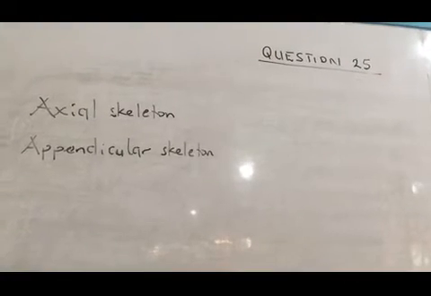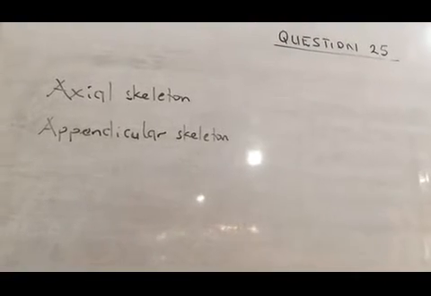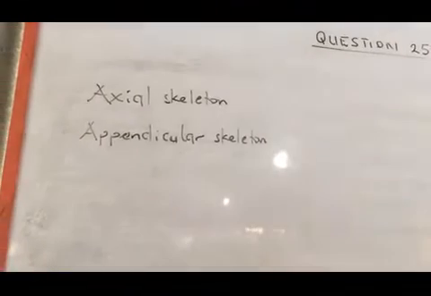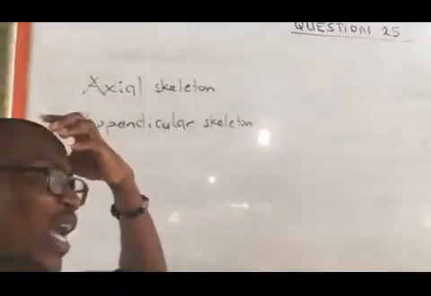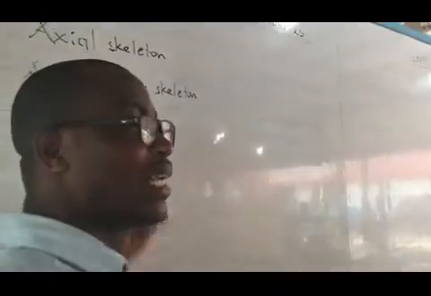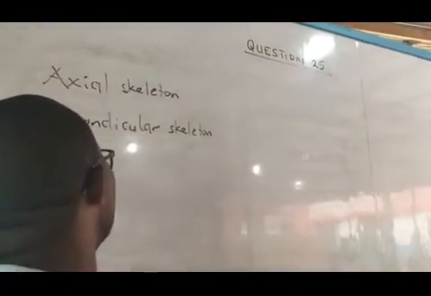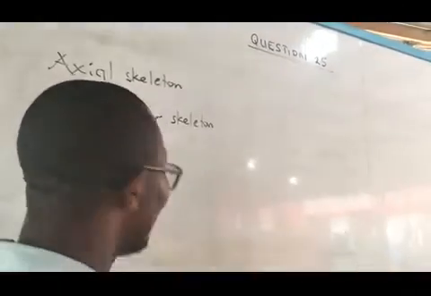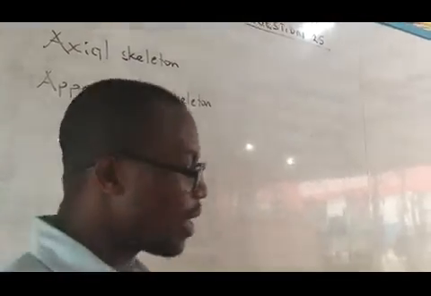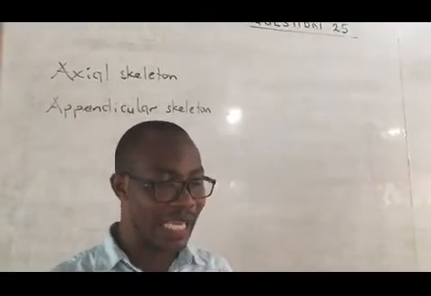The axial skeletal system consists of the skull and then the vertebral column. The vertebral column is the same as the backbone. So you have the skull, that's the bone in the head, and then you have the backbone. That's the axial skeleton. The other skeletons consist of the arm, the leg, all those form part of the appendicular skeletal system. So the question says, the figure illustrates bones of the appendicular skeleton in mammals.